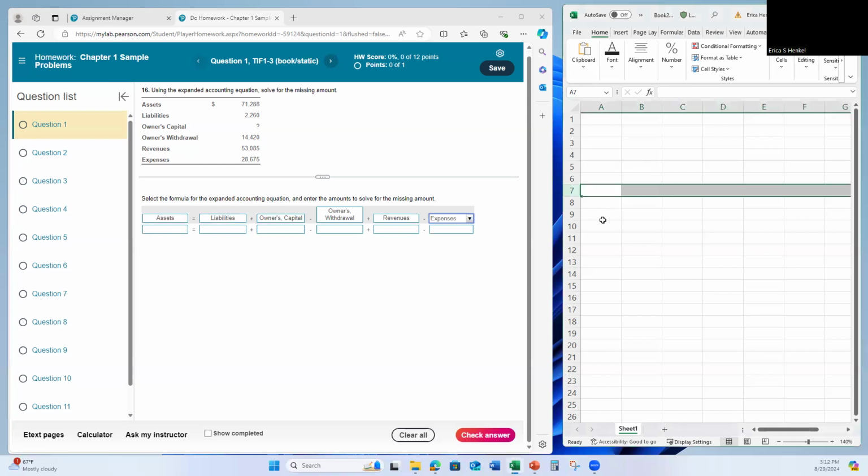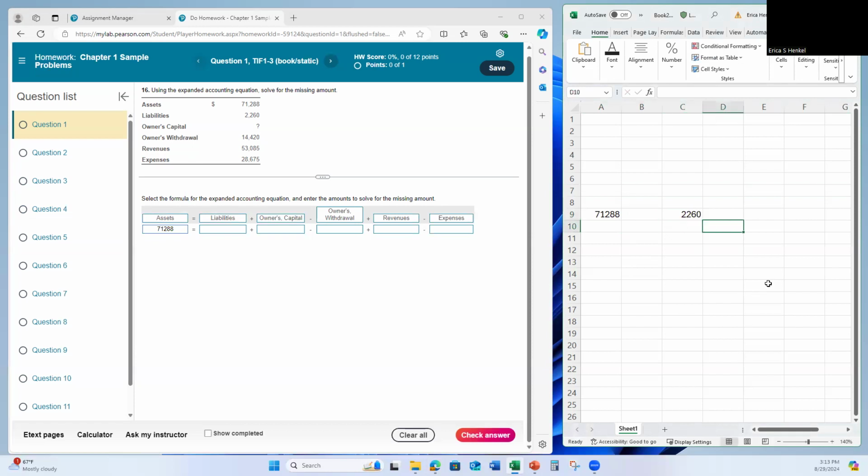So on the one side, we've got our assets, which equal 71,288. And so all of these items on the other side should add up to that. So if I take these and then I total up what is on the other side, they gave us liabilities of 2260.